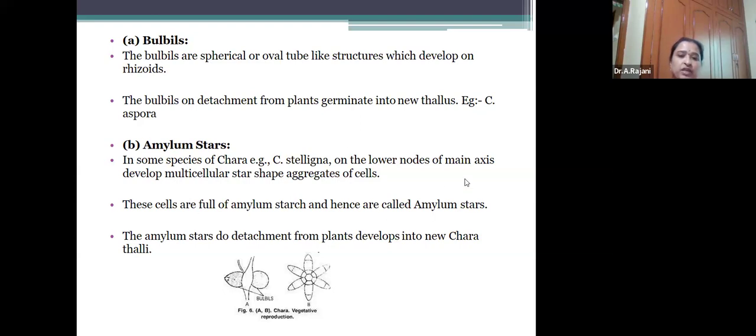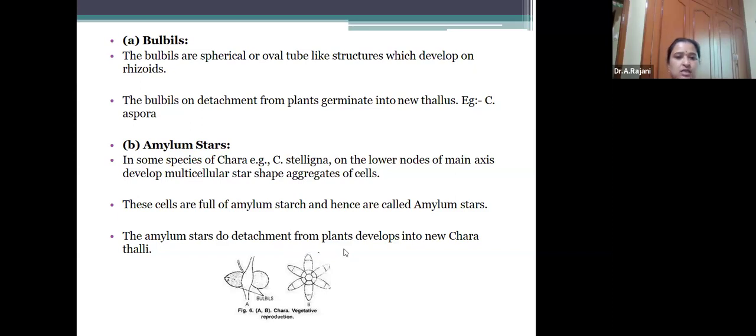Coming to the amylum stars. See, this is a very, very important topic. Keep it in your mind or write down this point. The vegetative reproduction by amylum stars you can observe only in Chara stelligera. In some species, the lower node part of the main axis develops multicellular star-shaped aggregations of cells.